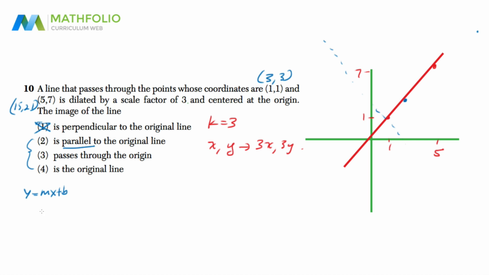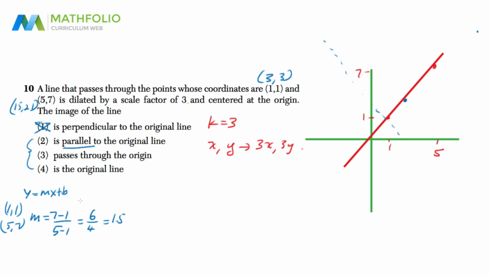Now, to find the slope, we've got these 2 points: 1, 1 and 5, 7. So the slope is the change in y, so 7 minus 1, all over 5 minus 1. So the slope is 6 over 4, so that slope is 1.5.